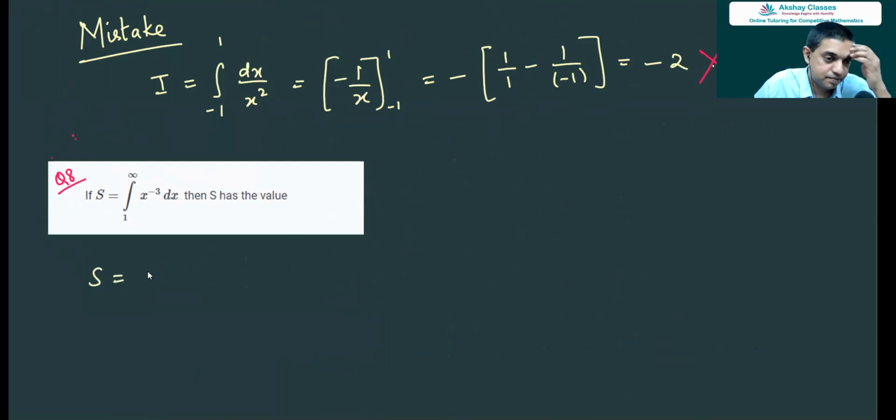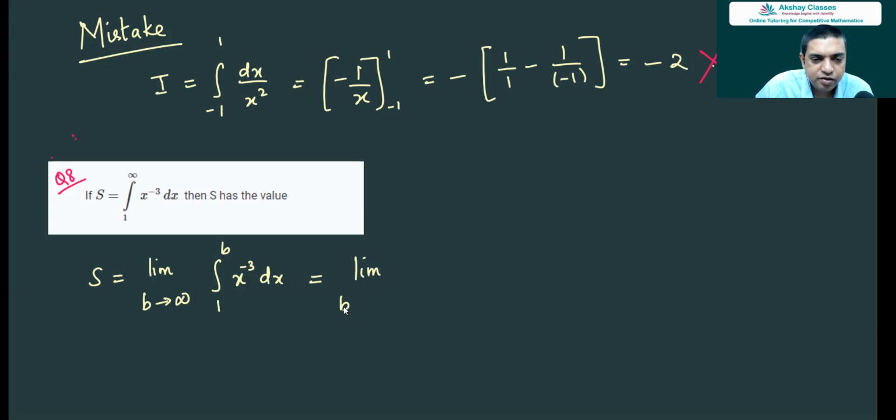This is limit b tending to infinity, integral 1 to b x to the power minus 3 dx. This is limit b tending to infinity, x to the power minus 3 plus 1 is minus 2 upon minus 2.